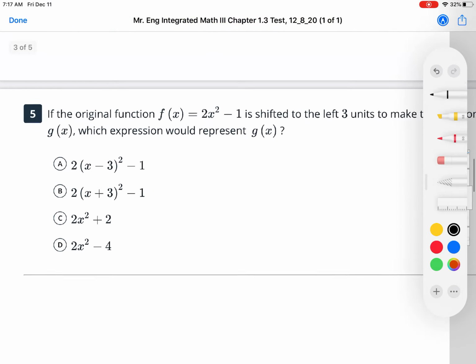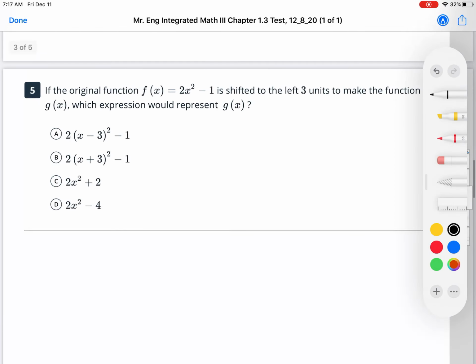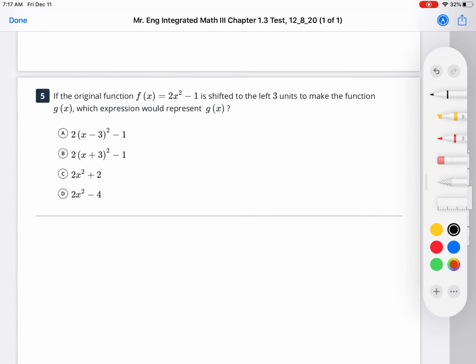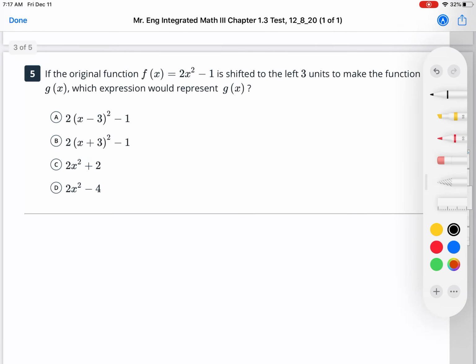Number 5. The original function, f of x equals 2x squared minus 1, is shifted to the left 3 units to make g of x. Which would represent g of x?